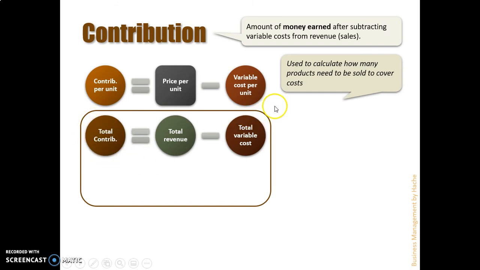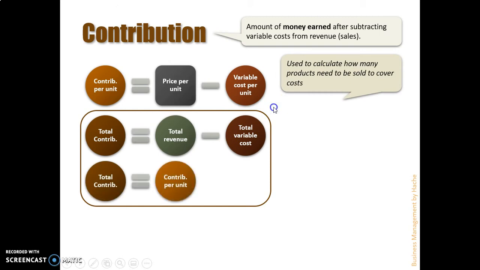Another possible way to find the total contribution is also a very simple calculation. You just multiply the contribution per unit by the number of units sold. So you sold 20 cookies, you just multiply it by those 50 cents we were talking about in the beginning, then you're getting the total contribution of those sales. So these are two possible views: contribution per unit and total contribution. And these are the ways we can find out those numbers.